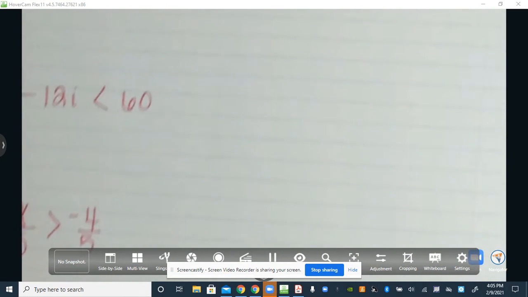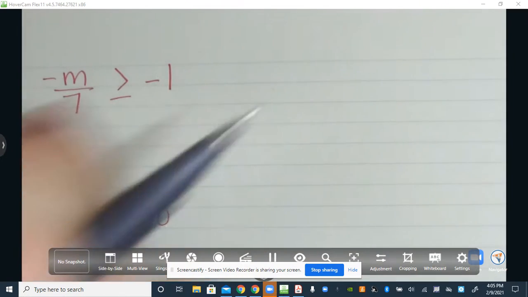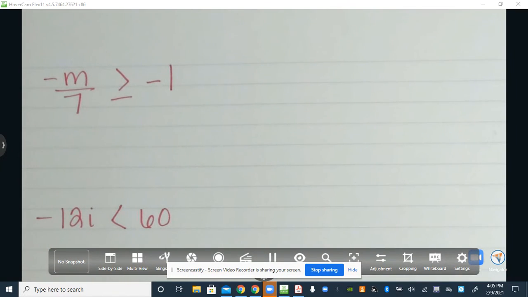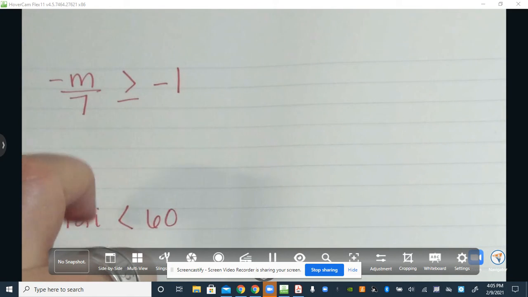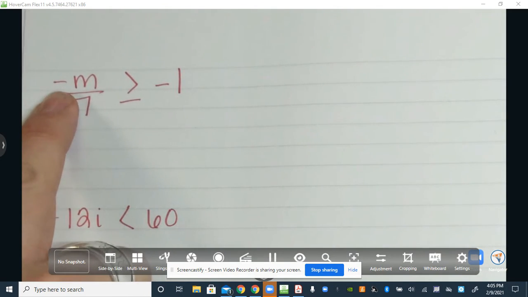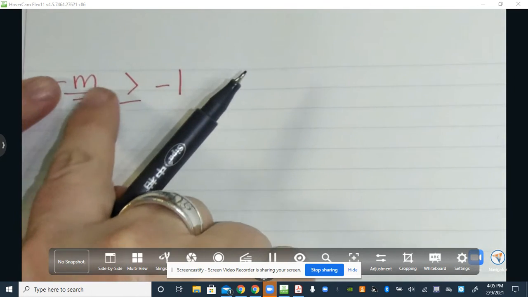Okay? So let's go back up here to this problem. So we're going to solve them, and then we're going to graph them. That's why I have this space over here. All right, so looking here, my variable is M, okay? So it's being divided by 7, but it also has this negative beside it. So I need to get rid of both of them to get the variable by itself. So how I do that is I multiply by negative 7.